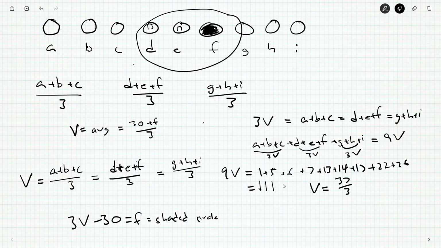But now 3 times V is, actually I didn't even need V, I just needed the 3 times V, which is 37. So that's going to be 37 minus 30 is going to be F, so the answer is going to be 7.